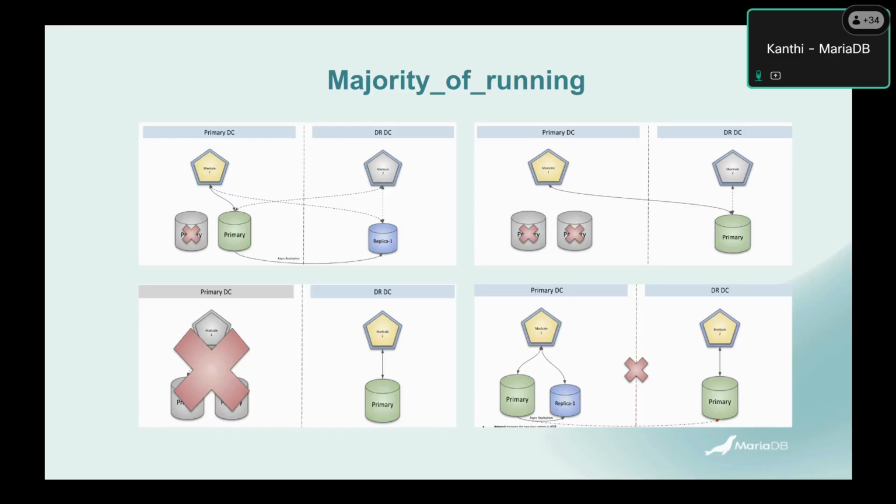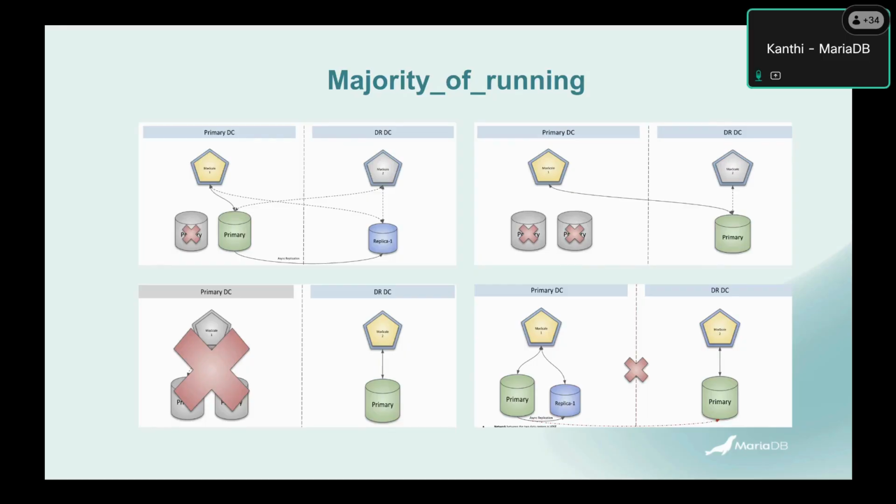So for them, internally, the available nodes are just 2 for MaxScale 1 and 1 for MaxScale 2. So the formula works and they think that they can promote themselves. So both the MaxScales become active by themselves and they decide and promote both sides as primary. So this way, the split brain happens.